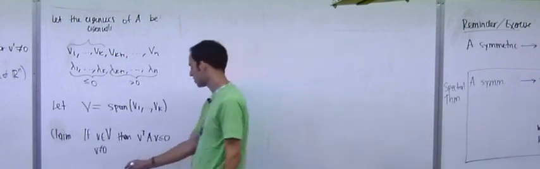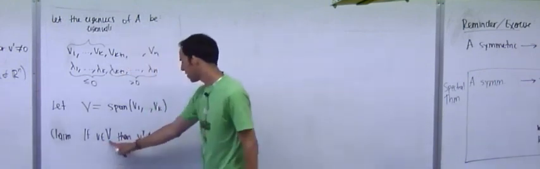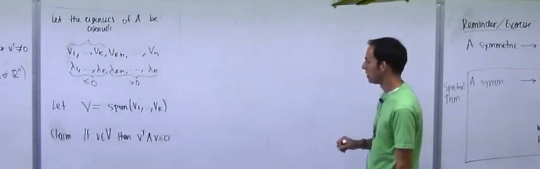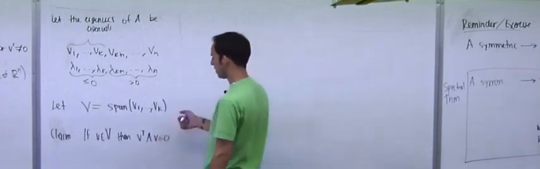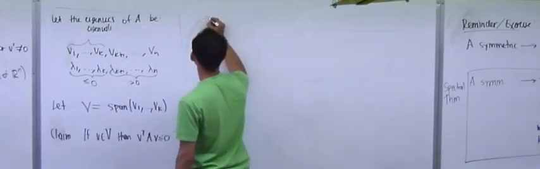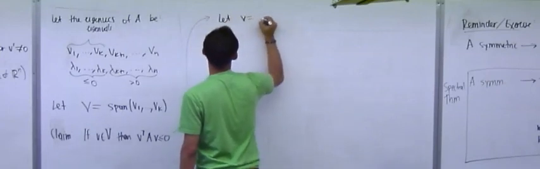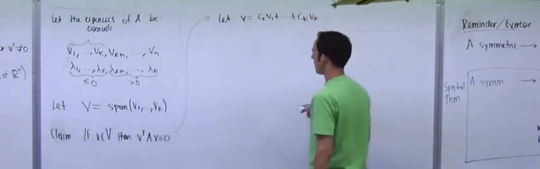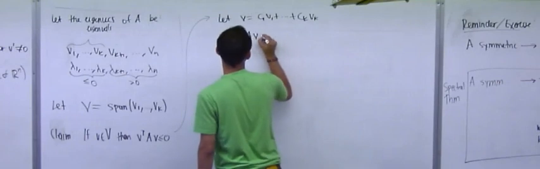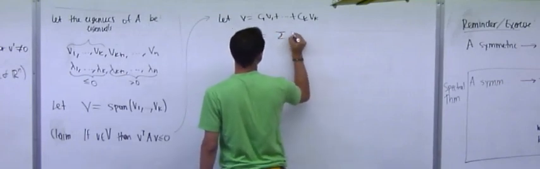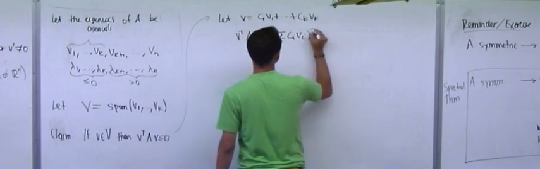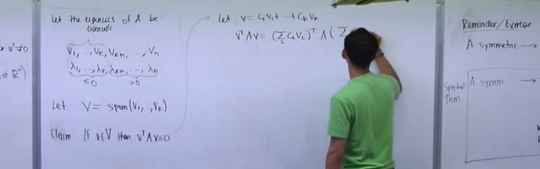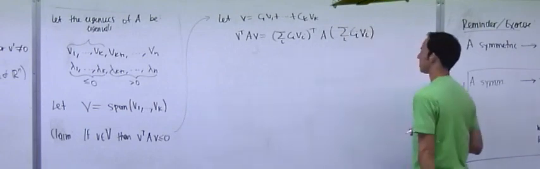Actually, this is true for 0 also. If v is in V, I'm going to prove that v transpose Av is non-positive. And this I basically proved already, because I just write v as c1 v1 up to ck vk. And so v transpose Av is nothing but the sum of ci vi transpose times A times the sum of ci vi.